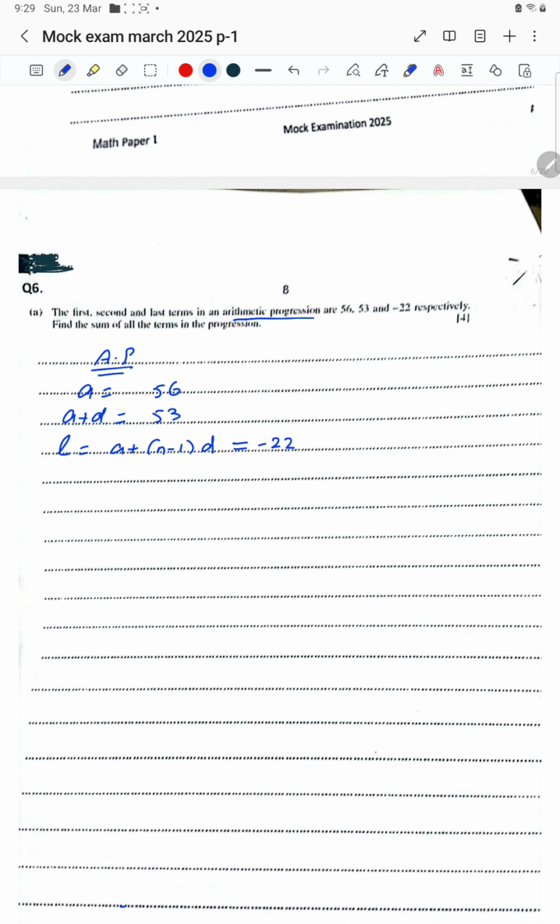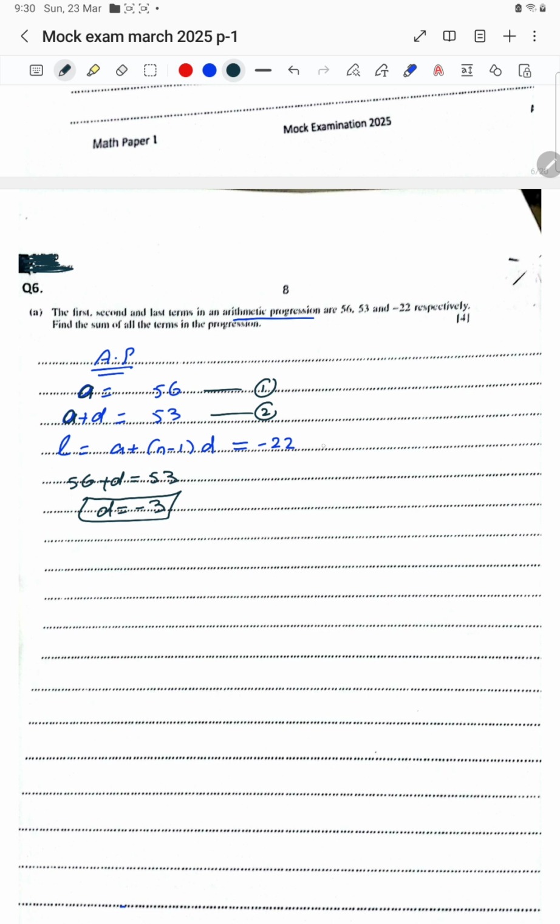First we need to find n, how many terms there are. So this is the given. If you replace a from equation 1 in equation 2, a is 56, so we get 56 plus d is equal to 53. So d comes to be minus 3. So the common difference for this AP is minus 3.